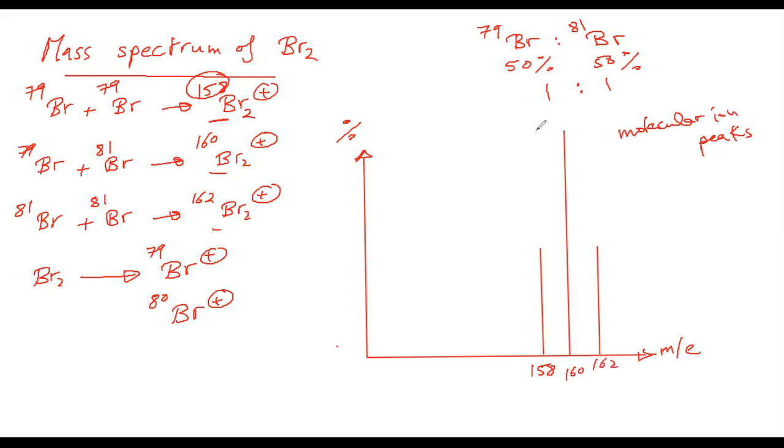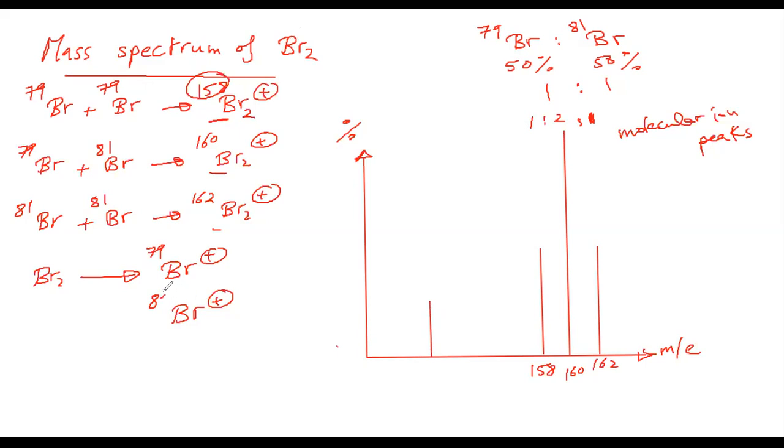And here the ratio is 1 to 2 to 1, as you said. And then we get 2 other peaks, one of them at 79, and the other at 81, no, this is 81, not 80.